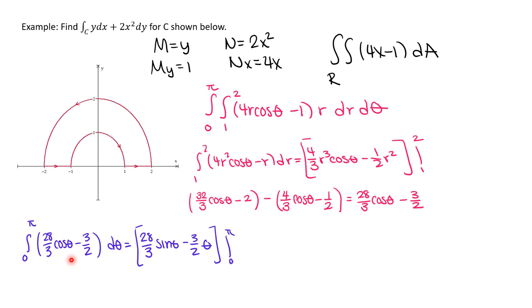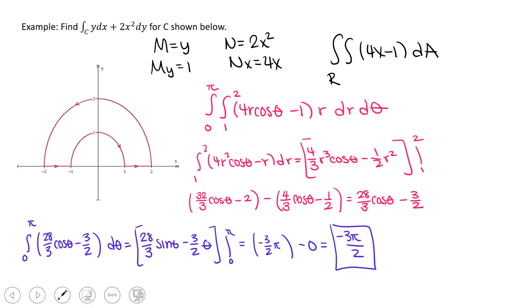And then I'm going to take that answer and integrate it with respect to theta. So there's my antiderivative, 28/3 sine theta minus 3/2 theta. I'm going to plug in my bounds of integration and subtract. So I plug in pi, and I just get negative 3/2 pi. Plug in 0, I get 0.